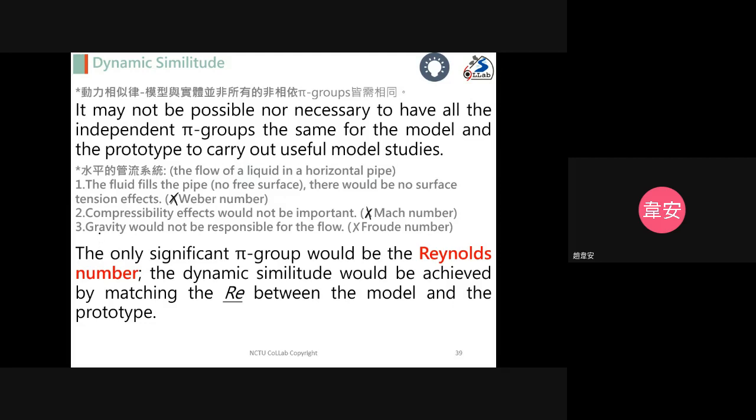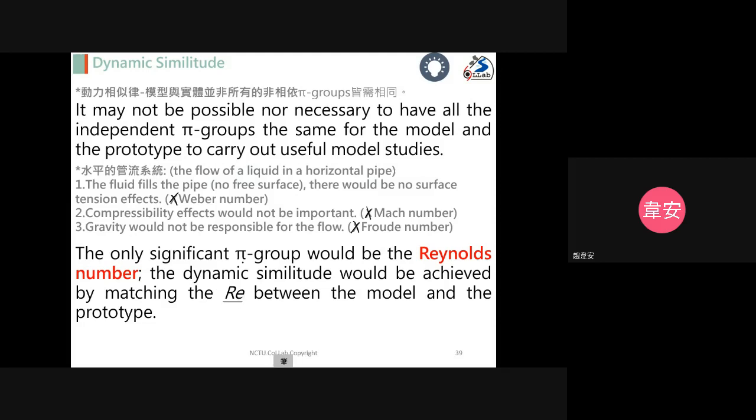And we assume the compressibility effect would not be important, so we don't need to have the Mach number involved in this problem. And this is a horizontal pipe, so gravity will not be responsible for the flow, so we don't need to consider the Froude number. So the only significant pi group would be the Reynolds number for horizontal piping systems, and the dynamic similitude would be achieved by matching the Reynolds numbers between the model and the prototype.